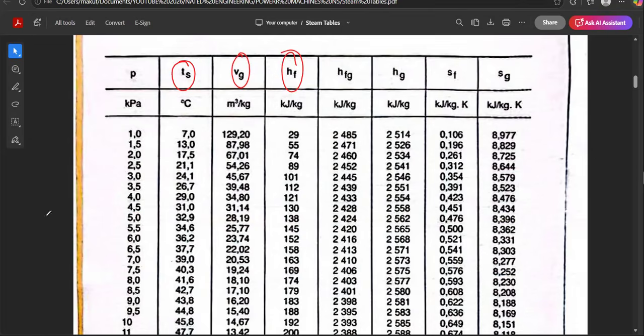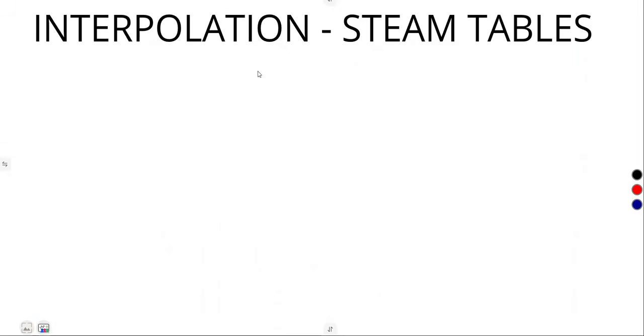Maybe we have something like 7,2 kilopascal, and we do not have 7,2. We have 7,0 and 7,5, but 7,2 we do not have. So that is where you can use the interpolation method, which is to obtain exact values for that given pressure.